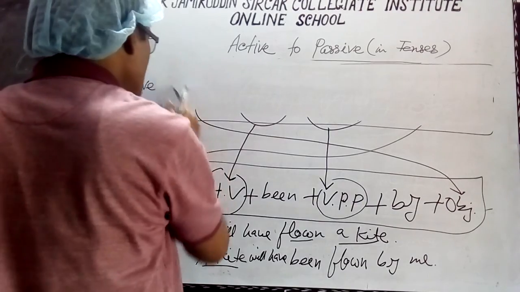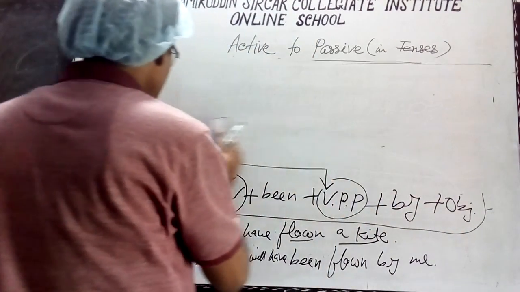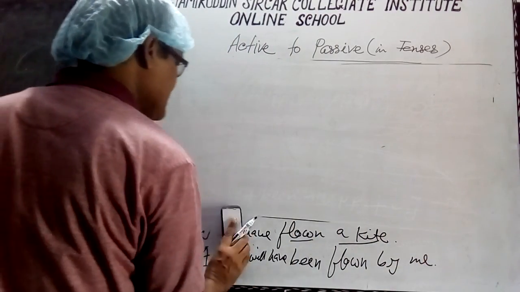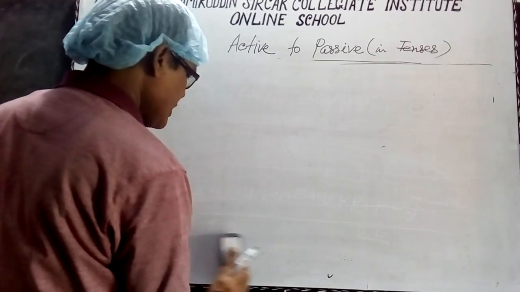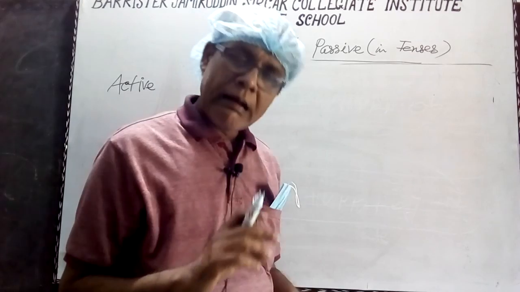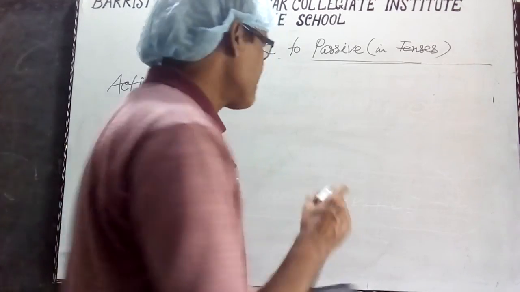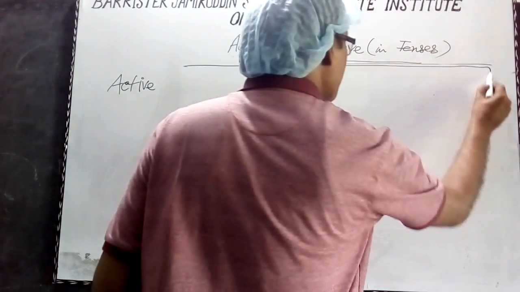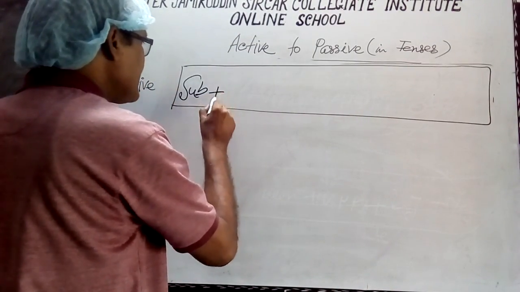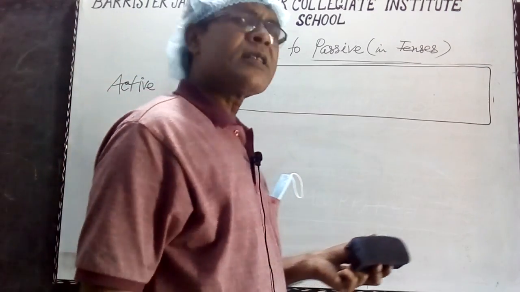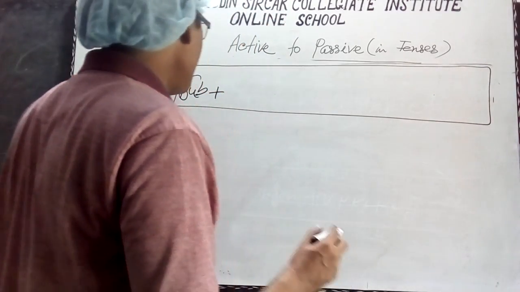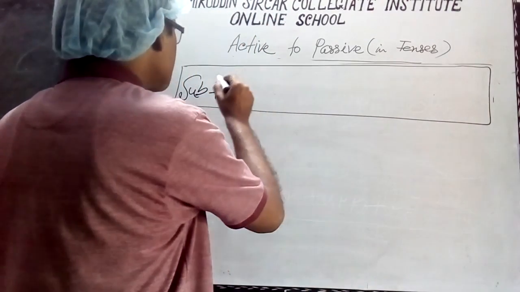Let's see the rules of structure of future indefinite. Future indefinite tense is formed with some auxiliary verbs, shall, will, and some modal auxiliaries, so we use them here as modals.